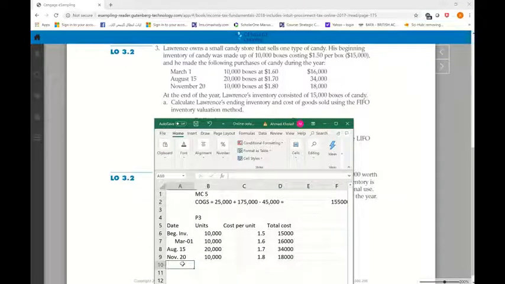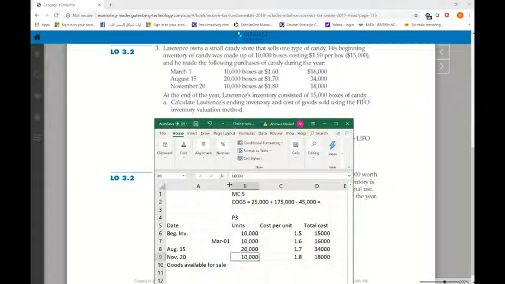So from this information, we calculate the goods available for sale as units and cost, just adding up the number of units.